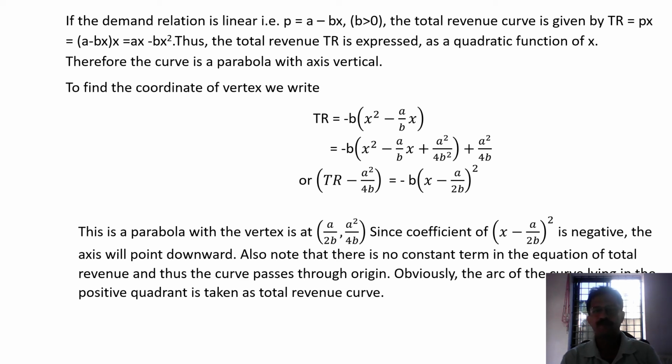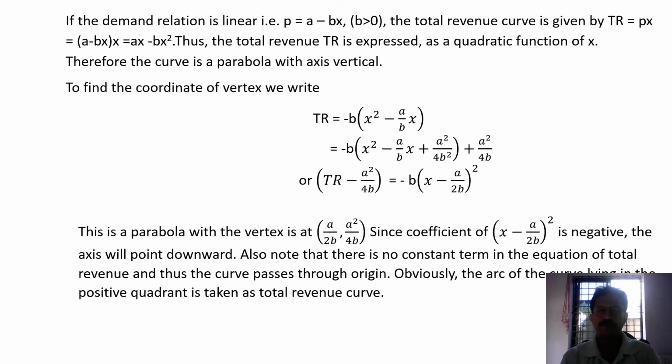Here minus of plus a square by 4b square is minus a square by 4b, and this cancels. So these three terms will form a square, and that square is (x minus a by 2b) whole square. So bring this a square by 4b to the left hand side. So this is a parabola with vertex at (a by 2b, a square by 4b).